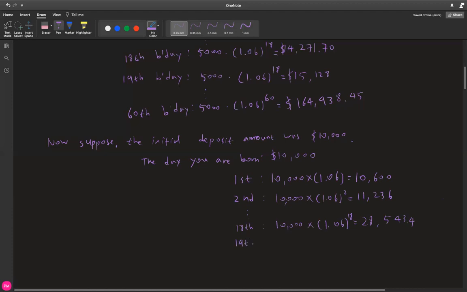On your 19th birthday, you have 10,000 multiplied by 1.06 to the 19, and that is 30,256. And lastly, let's look at the 60th birthday as well. 60th birthday, you have 10,000 multiplied by 1.06 to the 60, and that should give you 329,876.9.